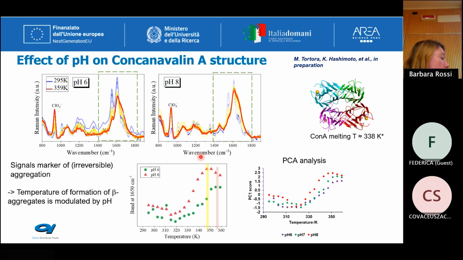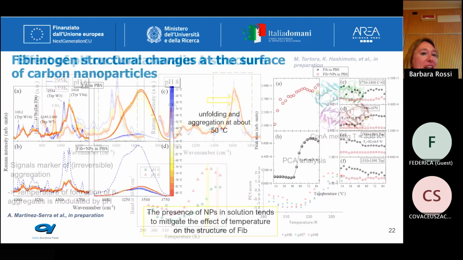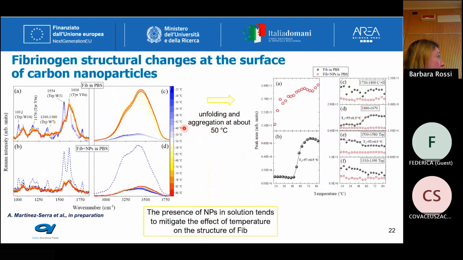and this is a work in collaboration with a group of Professor Sato, who is in the audience today. And this is another possible application in the case of the fibrinogen structural change. Here we are interested to study the structural change of the protein at the surface of carbon nanoparticle.